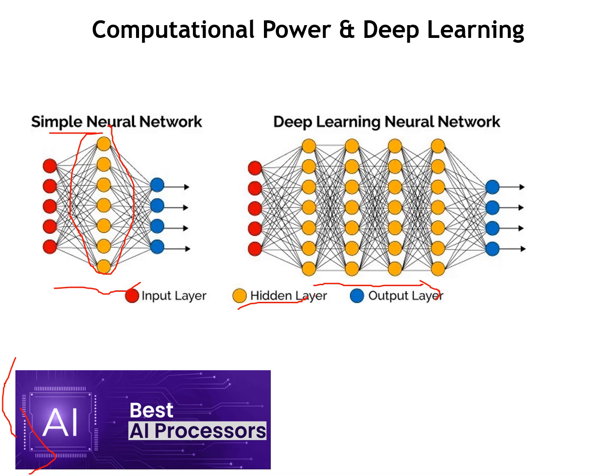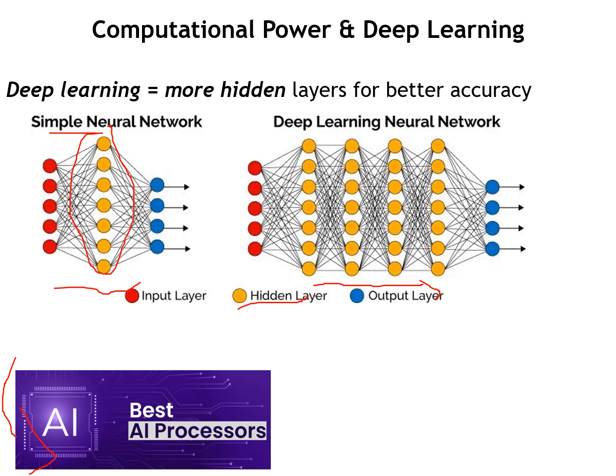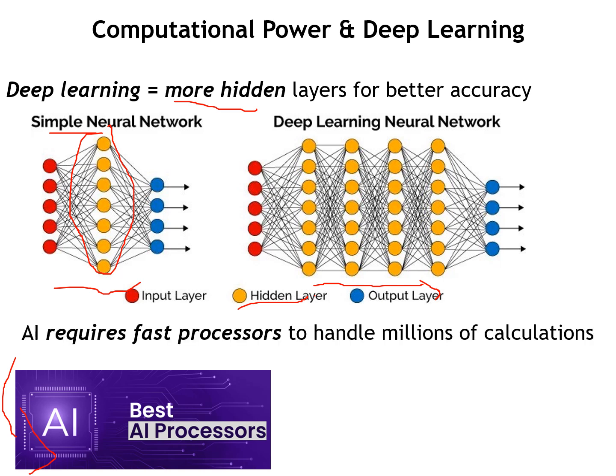Okay. So what I just told you is that the difference between deep learning and a neural network is the number of hidden layers. With more hidden layers, in some cases, you can have better accuracy for some questions.